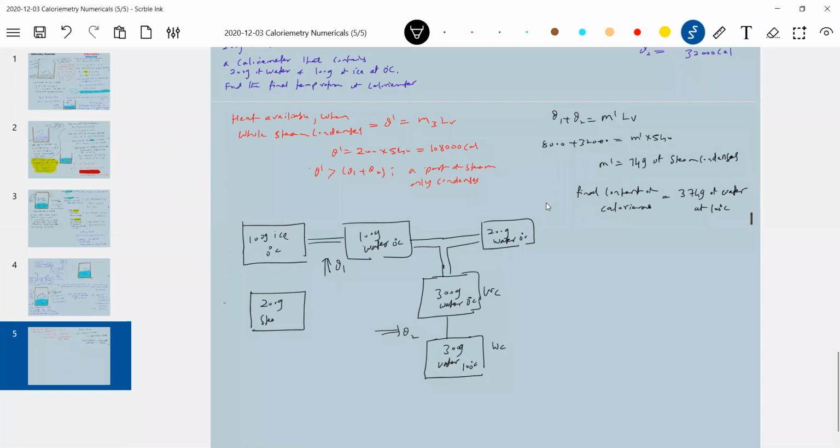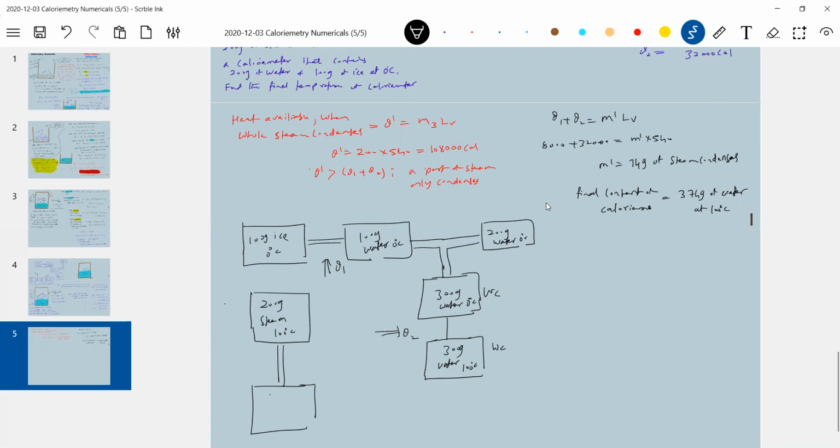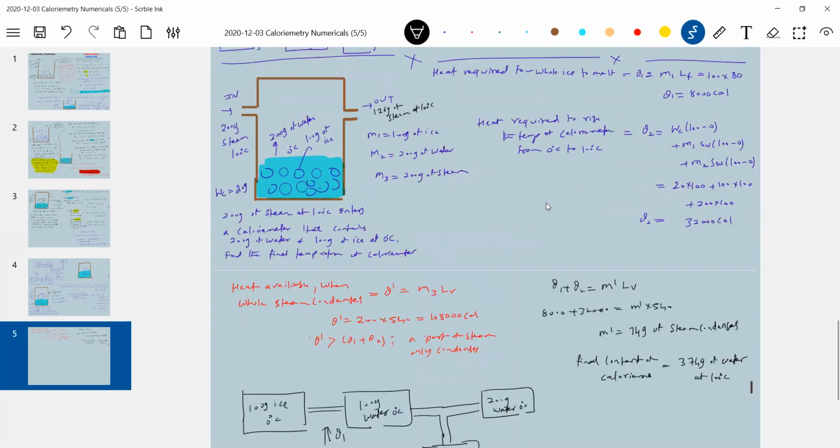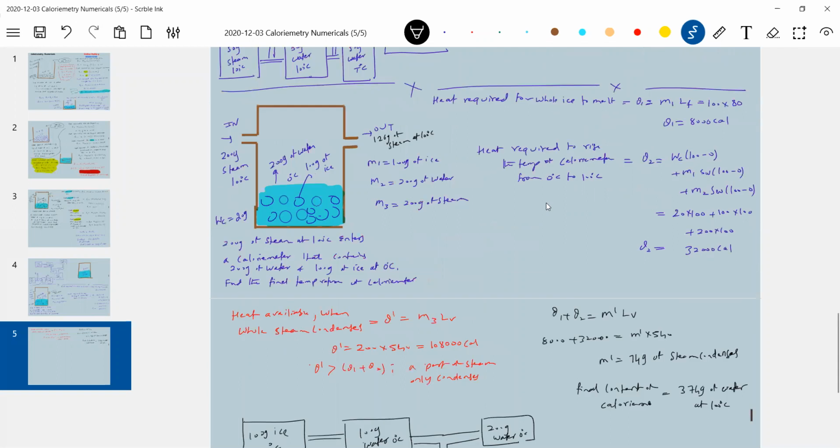200 gram of steam at 100 degrees Celsius. So it will become how much will be? 126 gram. So 126 gram. So some steam will condense, no?